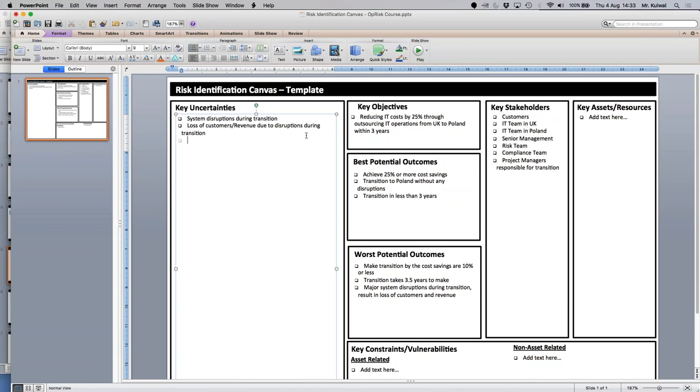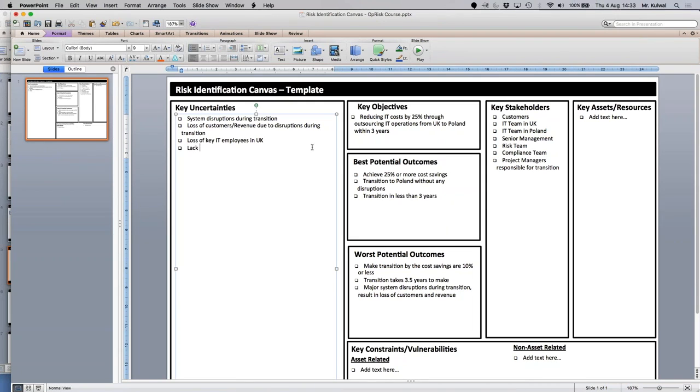So I think we talked about the UK team, that we may lose key IT employees in UK, or we can say a loss of key IT employees in UK, because for our transition it may be very important, but if certain employees are not consulted and they're not happy with this transition, they may leave, and then that'll create an uncertainty in terms of loss of knowledge, which may stop us from making that transition.